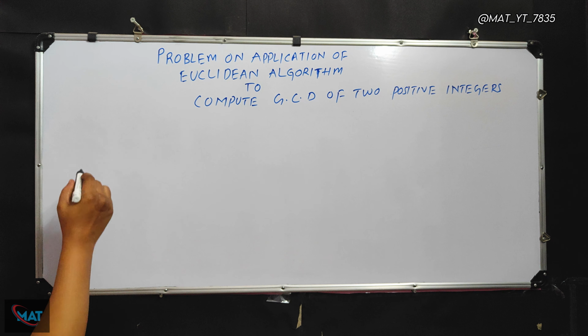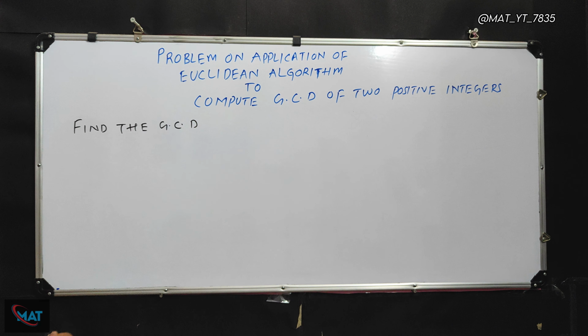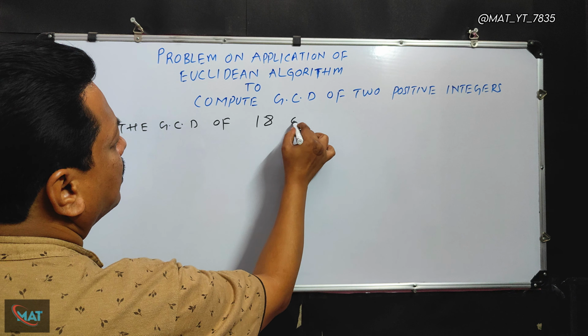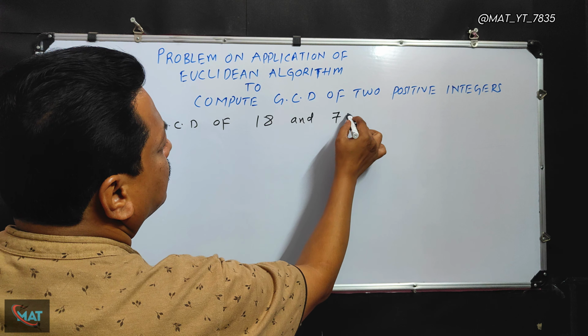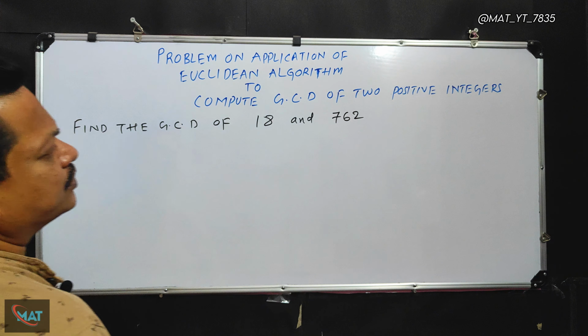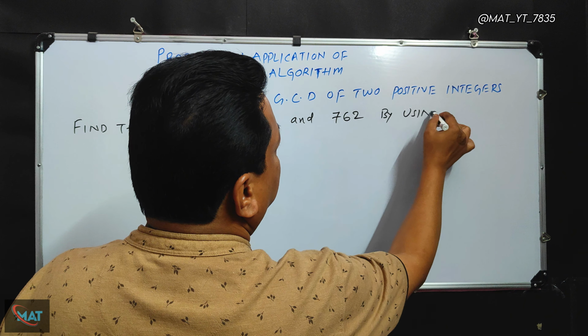The question will be like this: find the GCD, greatest common divisor, as I mentioned earlier, of 18 and 762, by using or applying Euclidean algorithm.